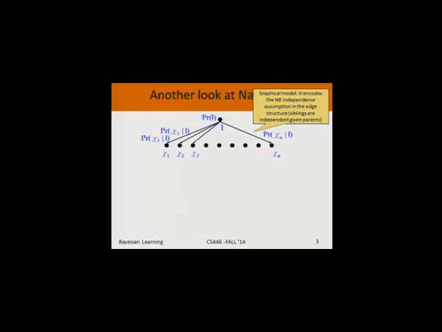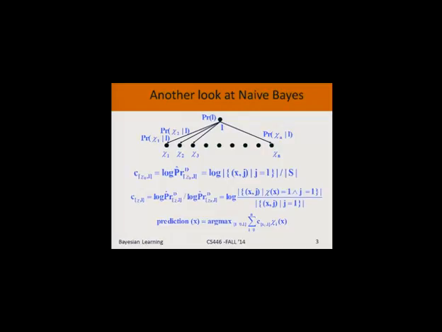What I've said is that the prediction, with respect to x, of naive Bayes is done by doing an argmax over a linear function, where these coefficients are computed as a ratio of probabilities. That's what we've shown before, and this is shown here again.